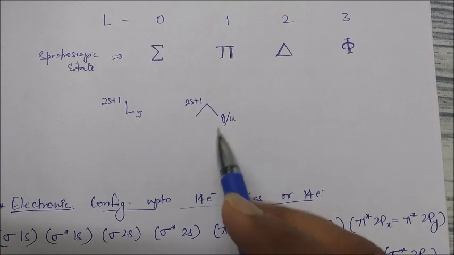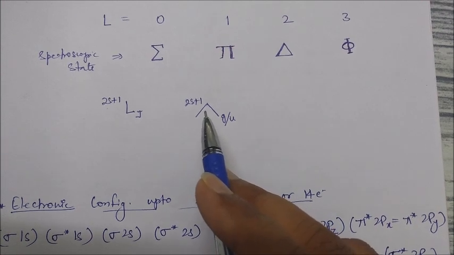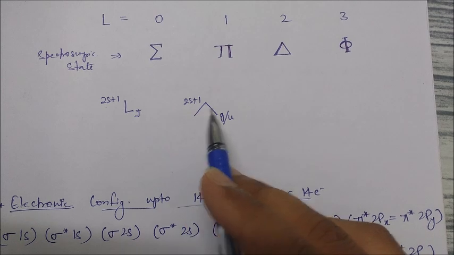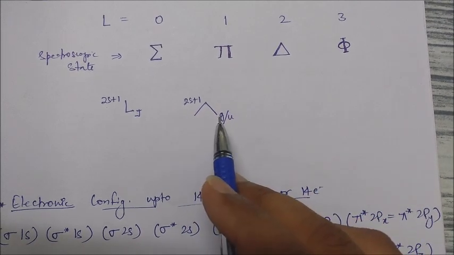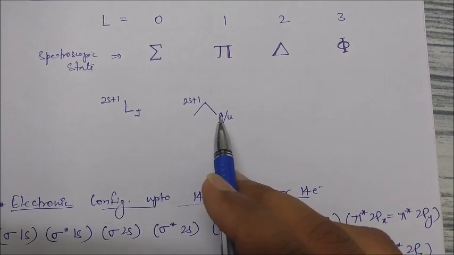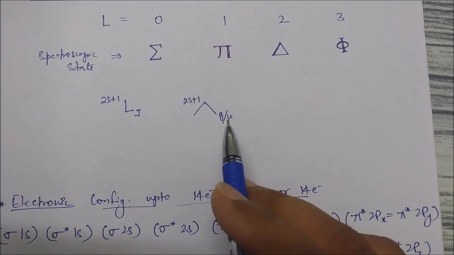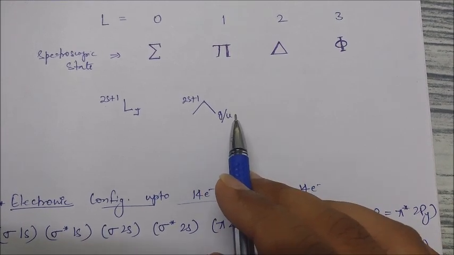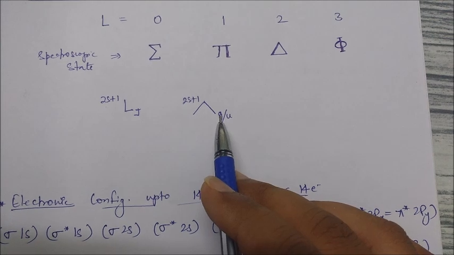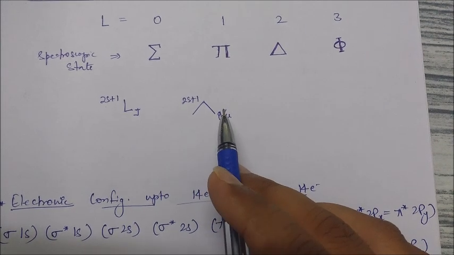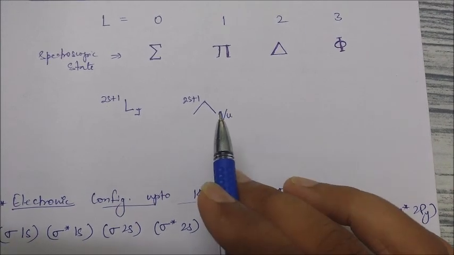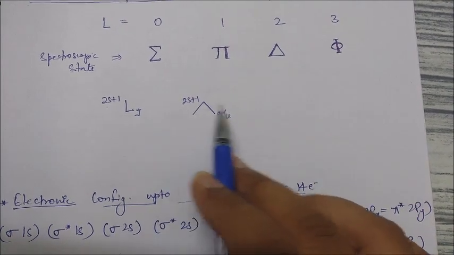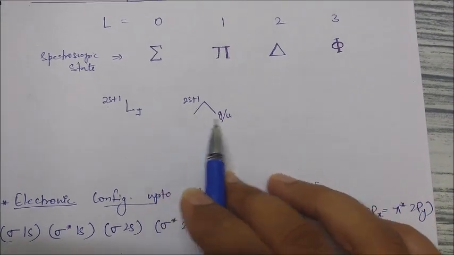Here lambda will give you the resultant angular momentum quantum number. And G and U: G symbolizes gerade and U symbolizes ungerade. These are terms related to the symmetry of the orbital. Gerade means symmetric, and ungerade means antisymmetric. This is the definition you have to know.